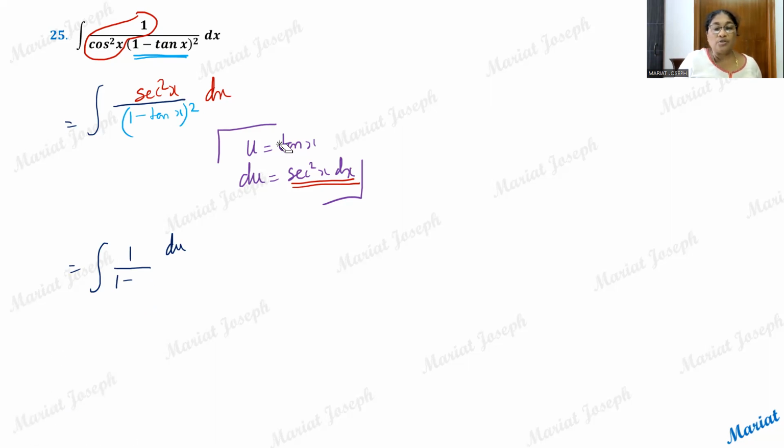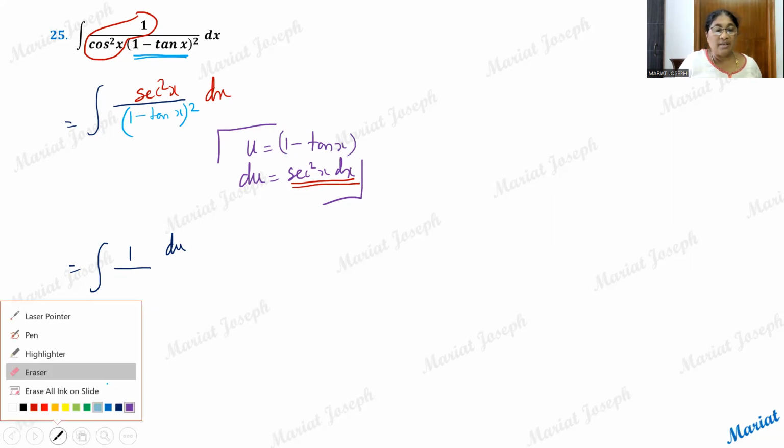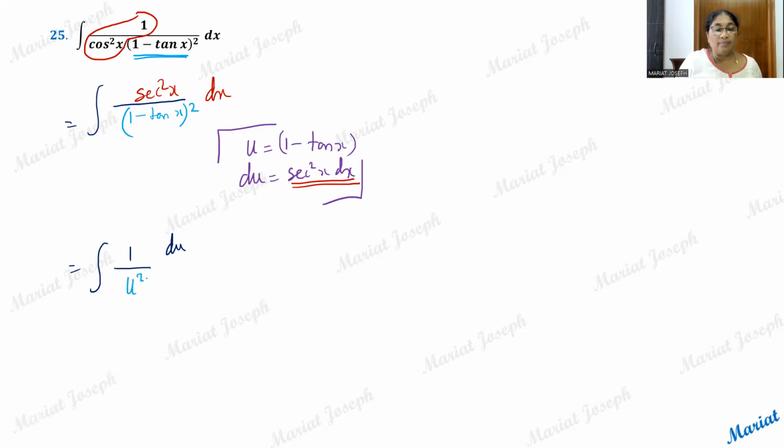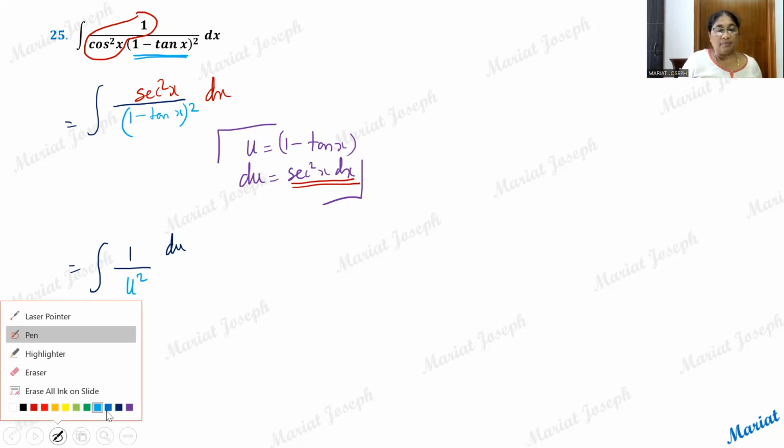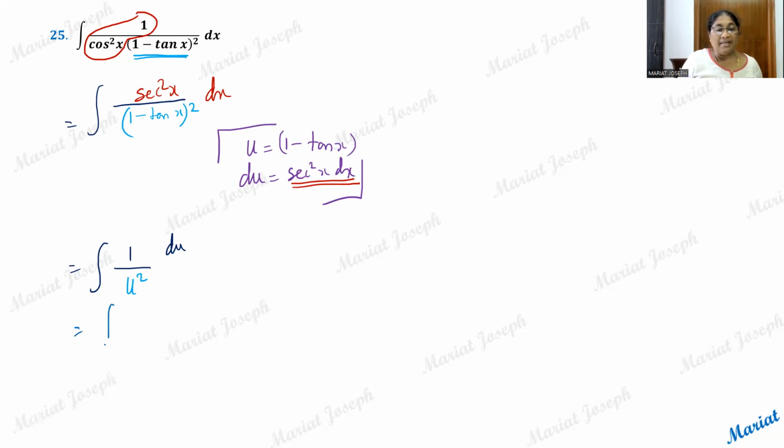So in the substitution also we could have taken 1 minus tan x. Then also the derivative is the same. So the denominator is therefore now straight away u square. Du upon u square. We integrate it by taking the u to the numerator, u raised to minus 2 du.